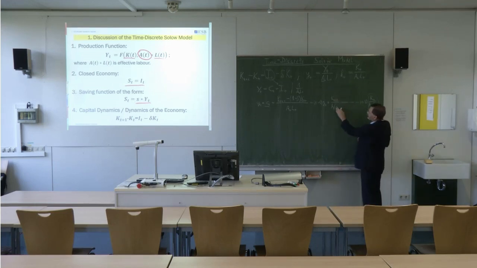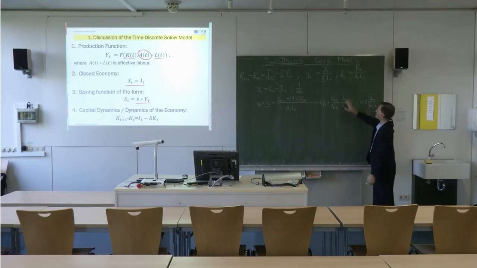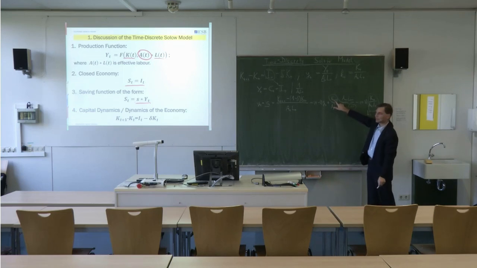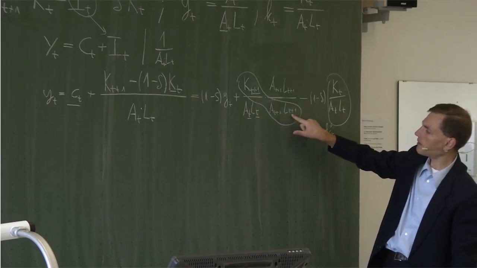I extend this just by dividing by A_{t+1} on top and on the bottom. That is what I can do, because I can also cancel it, then it's 1. So I just write A_{t+1} L_{t+1} in the numerator and in the denominator. And now what we have here is K in t+1 divided by A in t+1 and L in t+1.